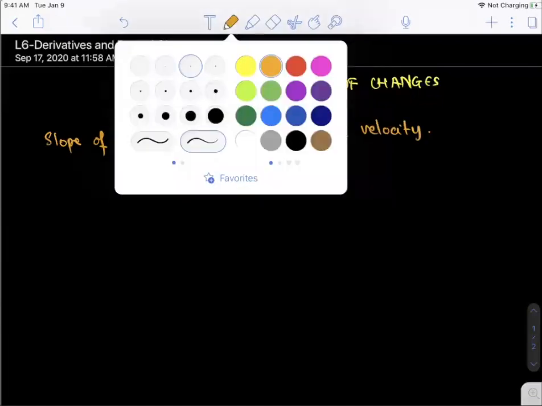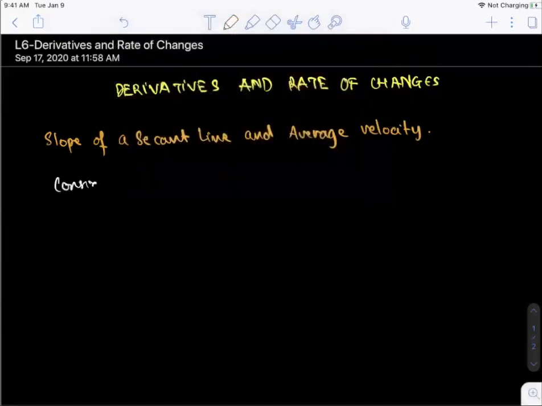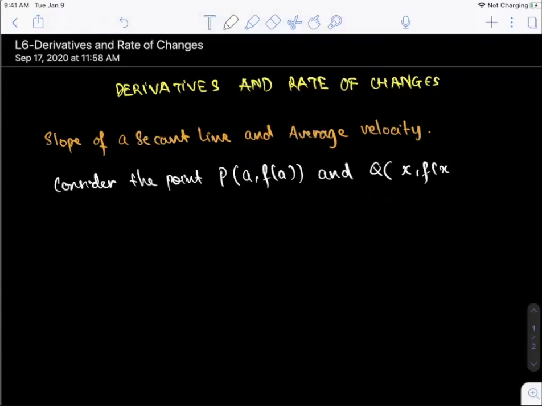So consider the points P, (a, f(a)), and Q, (x, f(x)).